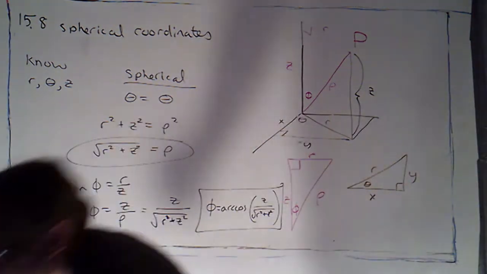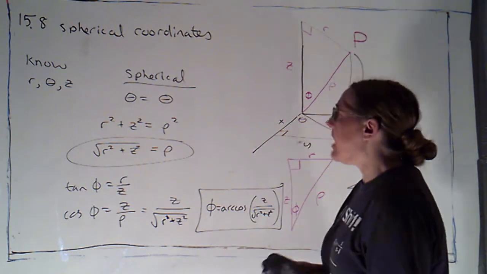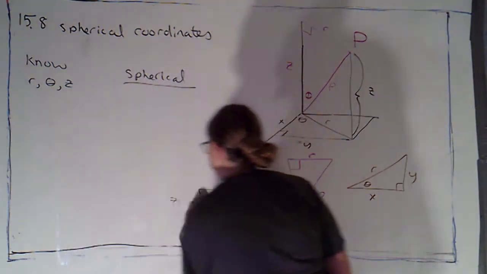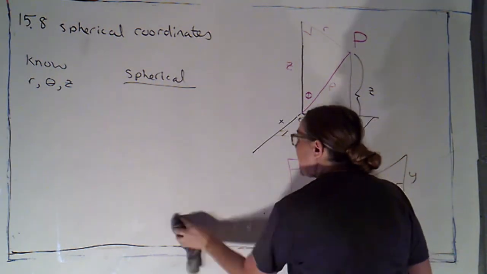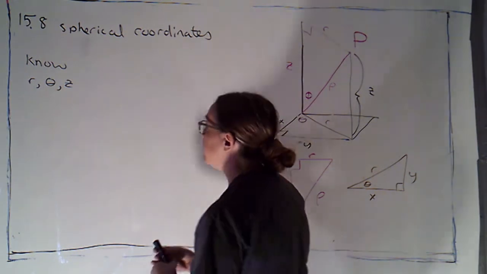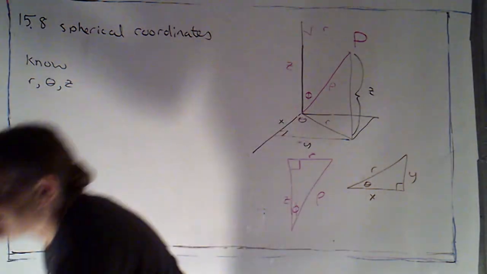Okay. All right, let's try going the other way. So here, I supposed that I knew r, theta, and z, and I wanted to figure out what my spherical coordinates, rho, theta, and phi, were. So now, let's change that.